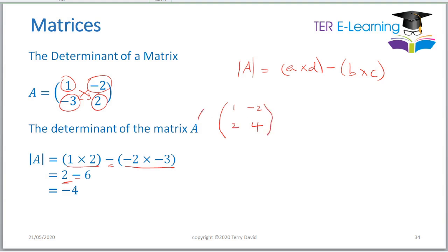I'm calling this matrix A. I want you all to tell me what is the modulus, or what is the determinant of this matrix. I'll give you all a minute to work that out for me. What is the determinant of that matrix A that I've written on the side here?